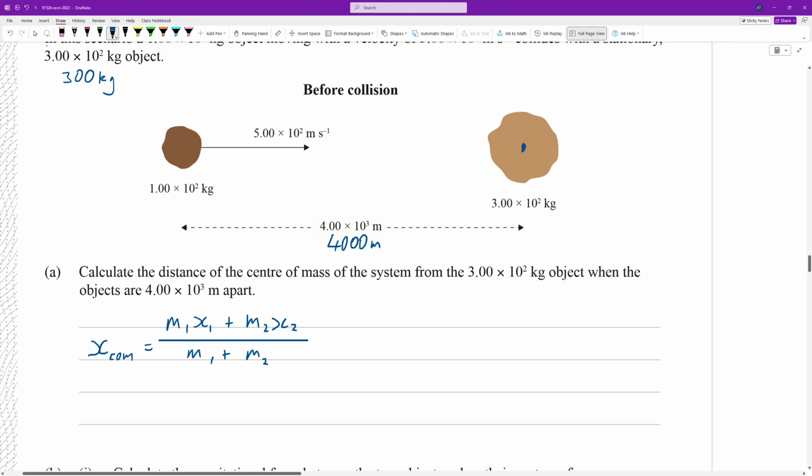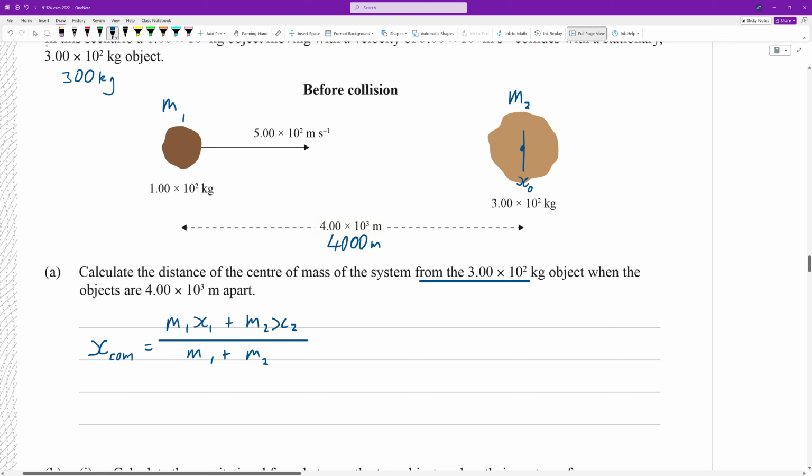Since it asks for the distance from the 300 kilogram object, we will define this as our origin right here. So this is our x0, our starting point. And so let's call this M1 and this one M2.